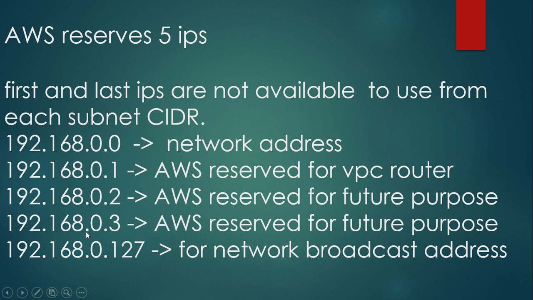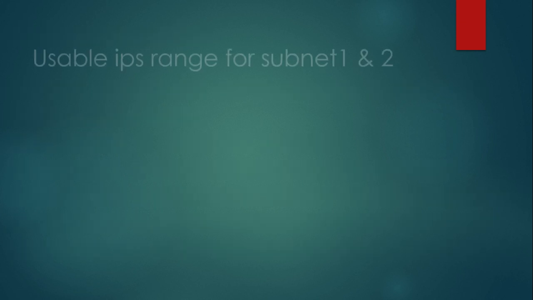And 192.168.0.3 is also reserved for future purposes. And the last one, 192.168.0.127, is the network broadcast address. This is how AWS reserves 5 addresses for each subnet CIDR.